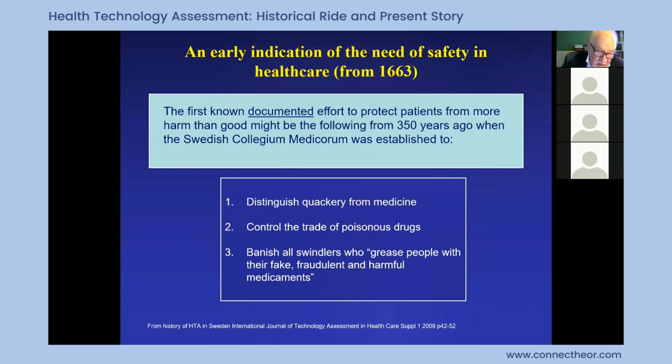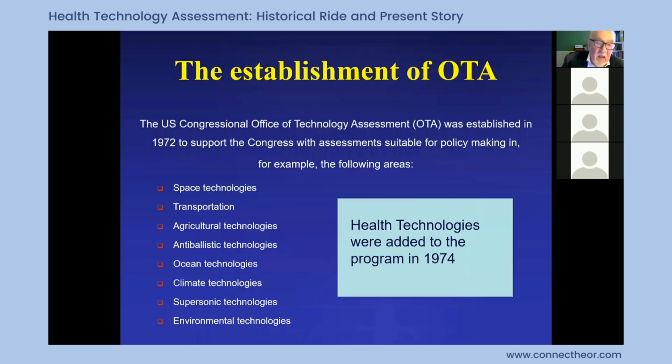Most people who have written about the history of HTA agree that it began in the mid-1970s. The US Congress had established an Office of Technology Assessment, OTA, in 1972 to support the Congress with assessments suitable for policymaking in, for example, space technologies, transportation technologies, agricultural, anti-ballistic technologies, ocean technologies, climate technologies, supersonic technologies, environmental technologies already then.